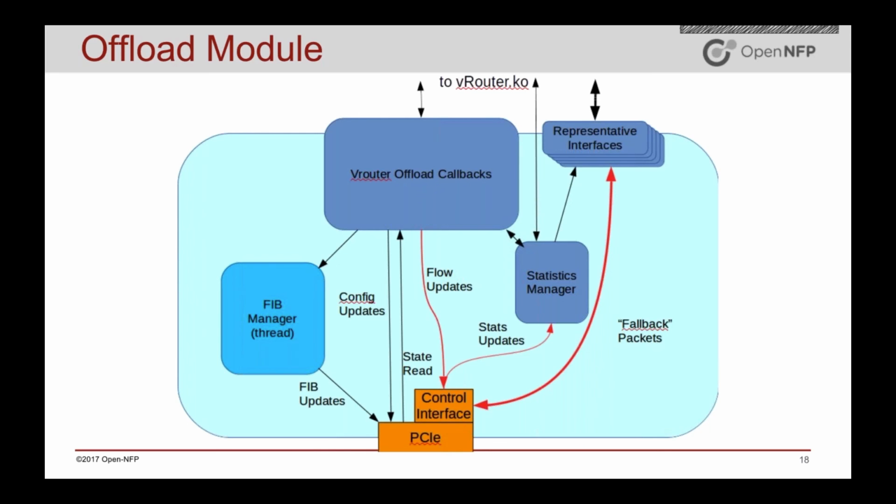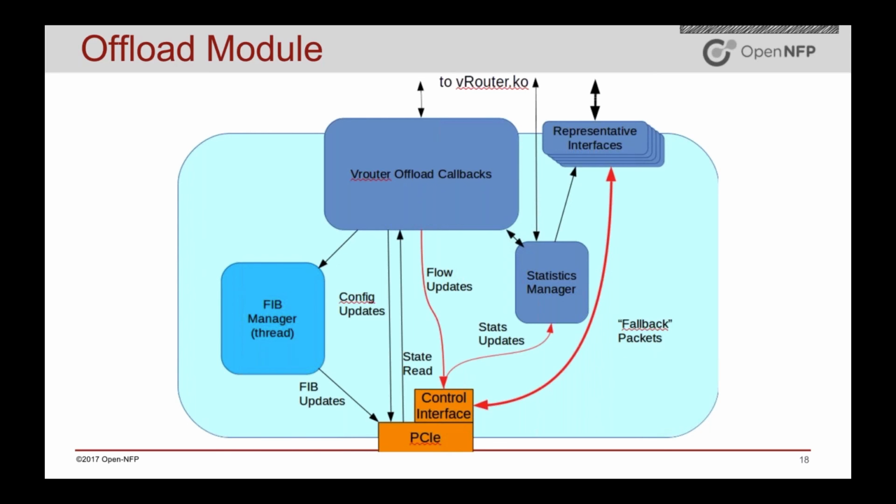But they require building of a specialized data structure in the NFP memory, and that takes a little bit of time. And as route updates come in, we don't want to be blocking other operations in the vRouter kernel module while we take the time to rebuild those routing tables. So we have a separate kernel thread, that's this fib manager thread off to the left, that as we receive route updates, batches them together and then builds a new routing table with those updates.